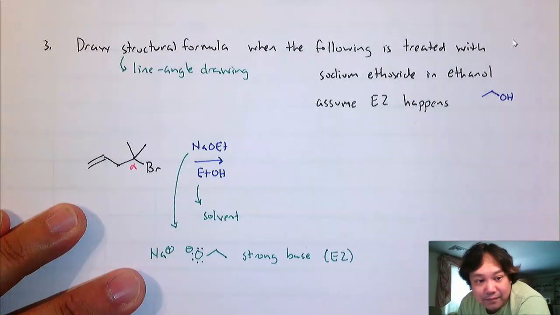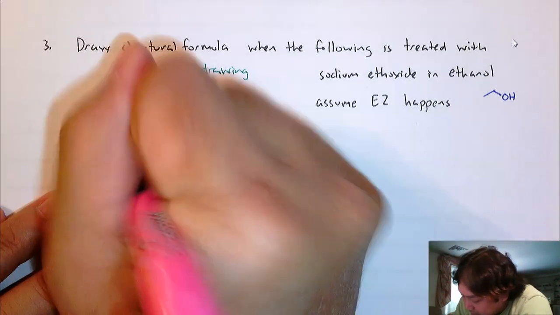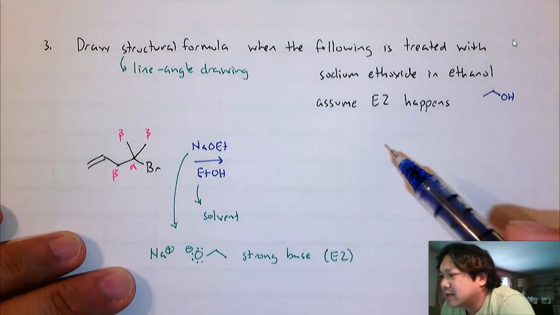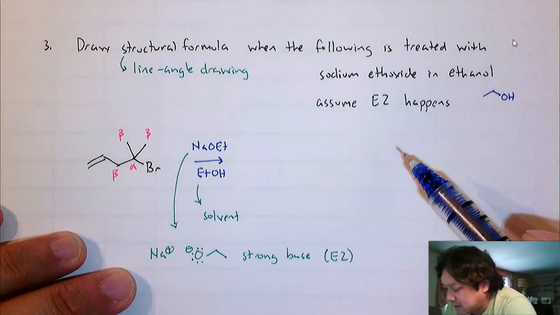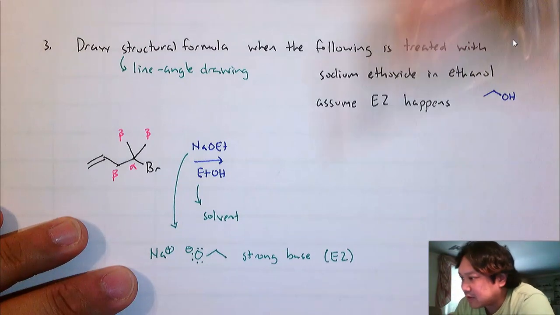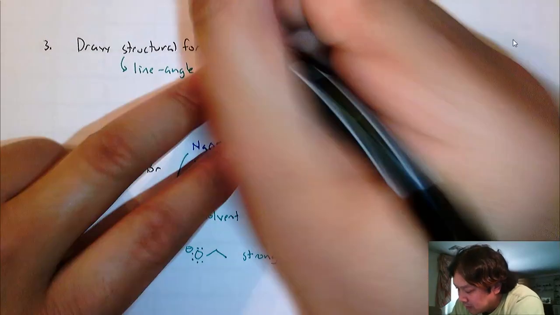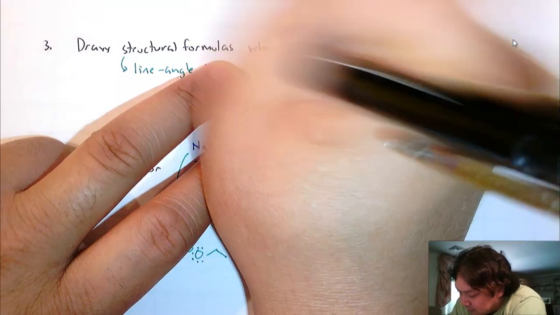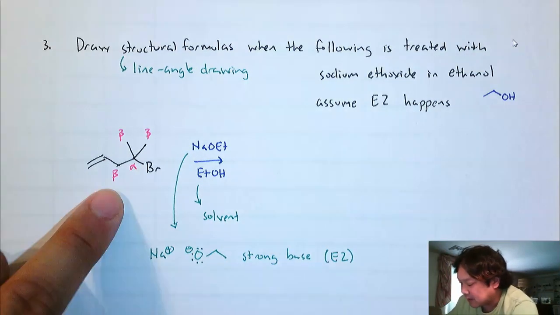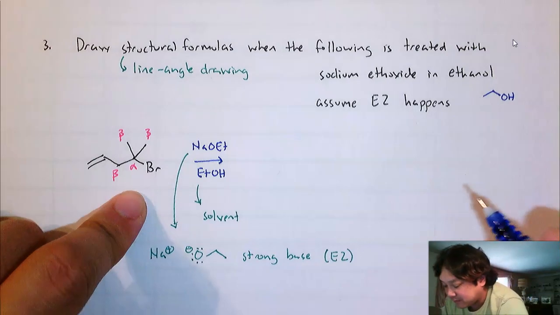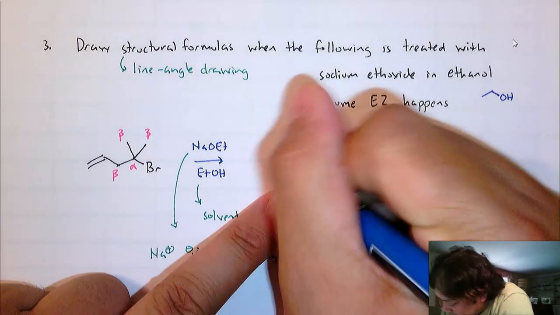Alpha, beta, beta, beta. Did they say major product? They actually put a plural here, structural formulas, because I have multiple beta carbons. I think that I might have multiple products, and here's one of them.